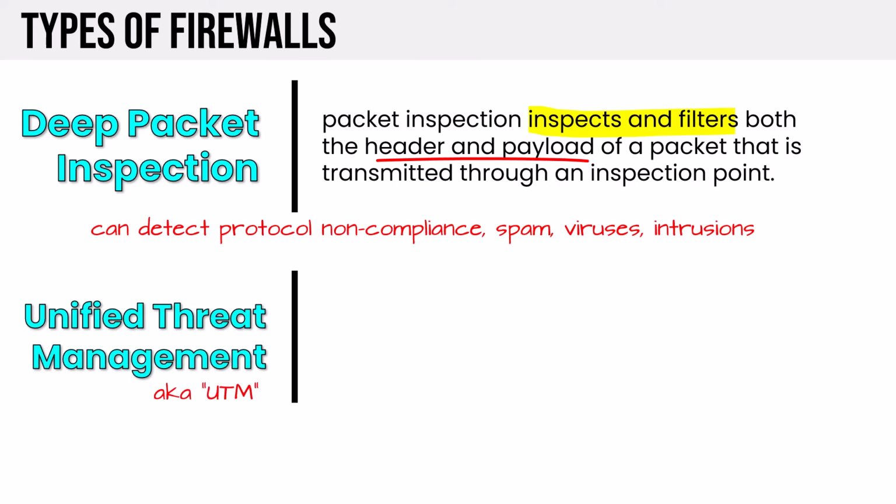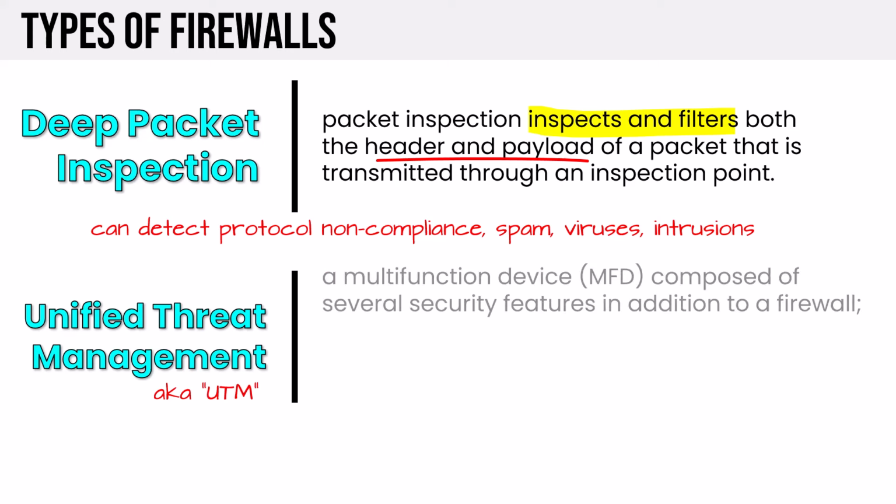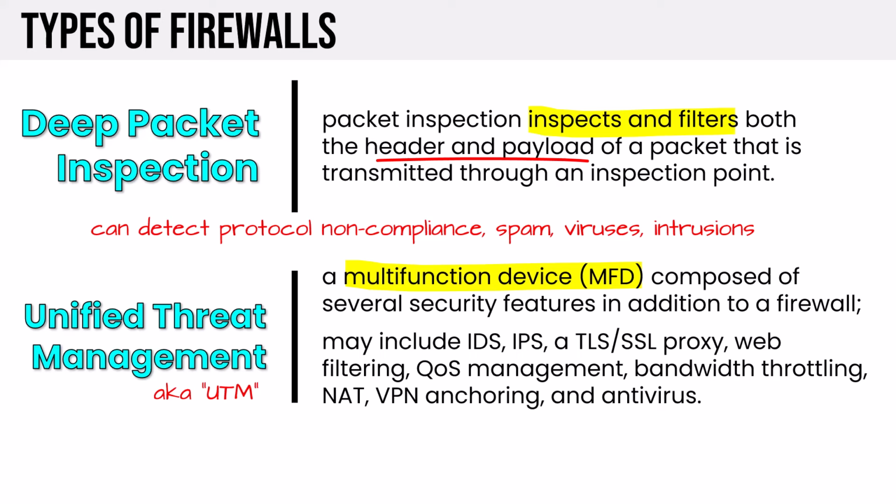Next we have Unified Threat Management, abbreviated UTM. This is a multi-function device composed of several security features in addition to a firewall. A UTM may include intrusion detection or intrusion prevention, TLS proxy, web filtering, quality of service, bandwidth throttling, NAT, VPN anchoring, antivirus.